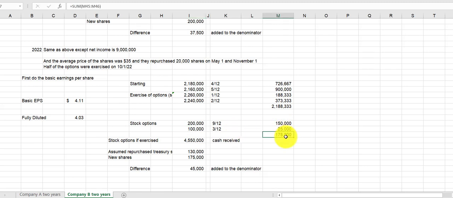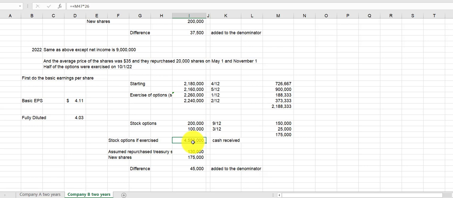Add those together just like we've done multiple times before. We weight it based on the time period that it's outstanding. 175,000 stock options is what we're dealing with, not 200,000 like we did last year. If we exercise those, we would still get the $26. The exercise price doesn't change on options.